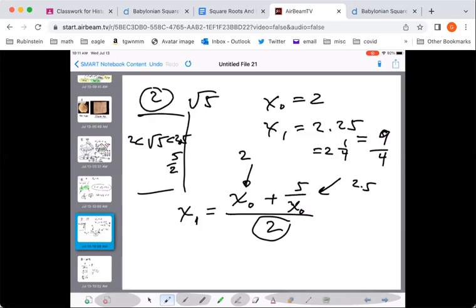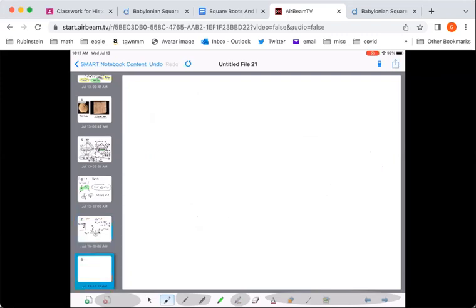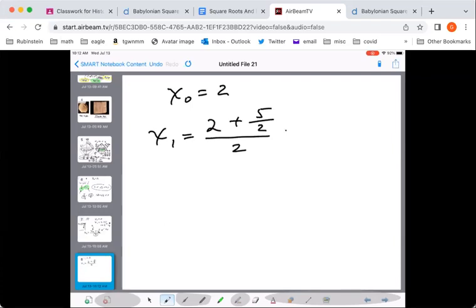Now, I'm going to ask you to go like this. X0 is equal to 2. X1 is equal to 2 plus 5 over 2, all over 2. I do not want decimals.